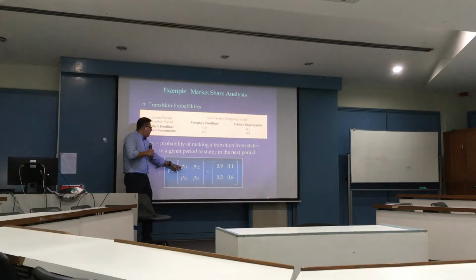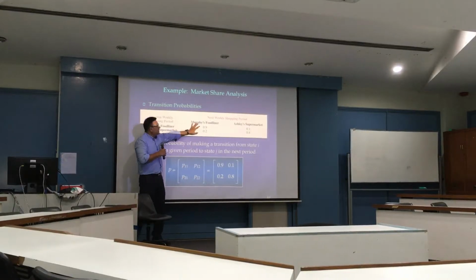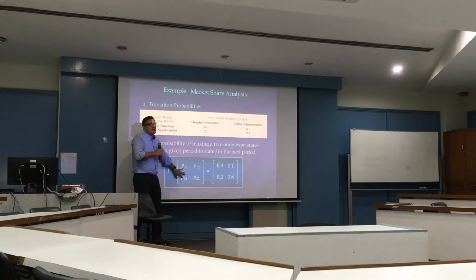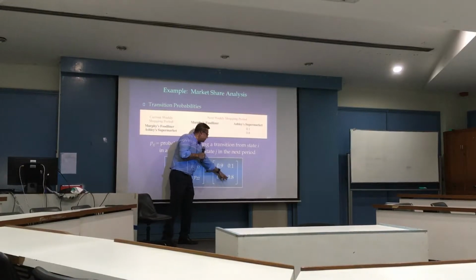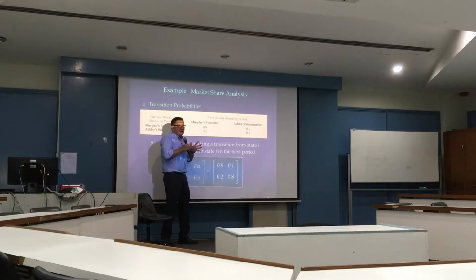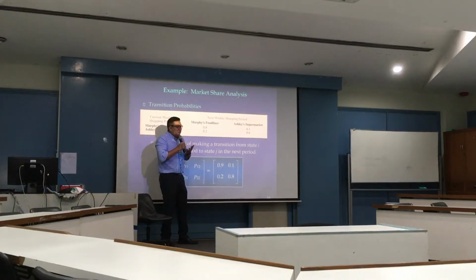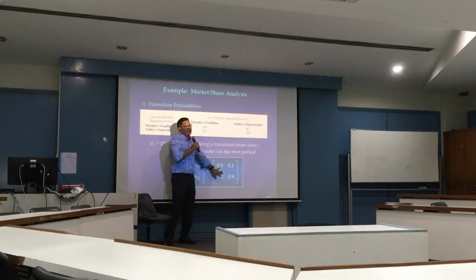This is the probability for first row, first column, second row, first column, something like that. So in this case, if I write the following matrix, I'm going to have the matrix of 0.9, 0.1, 0.2, 0.8. This is called the transition probability matrix. And in the system that we study in our class, we assume that this is constant and does not change from state to state, still using the same probability.